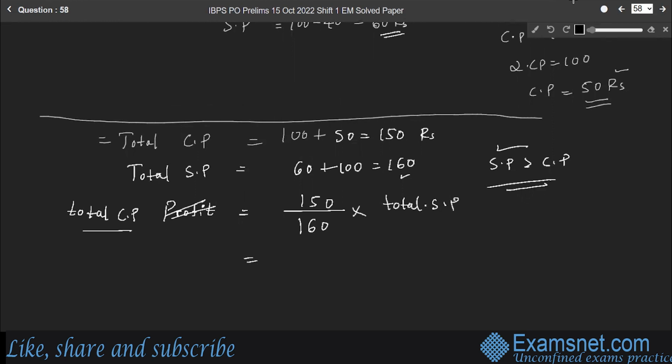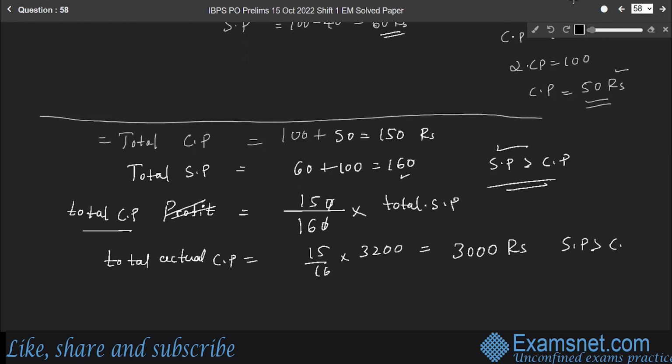Therefore, it is 15 by 16 into 3,200. So it is 3,000 rupees. 3,000 rupees is the total actual cost price, whereas 3,200 is the total actual selling price, right? Here again, the selling price is greater than the cost price.